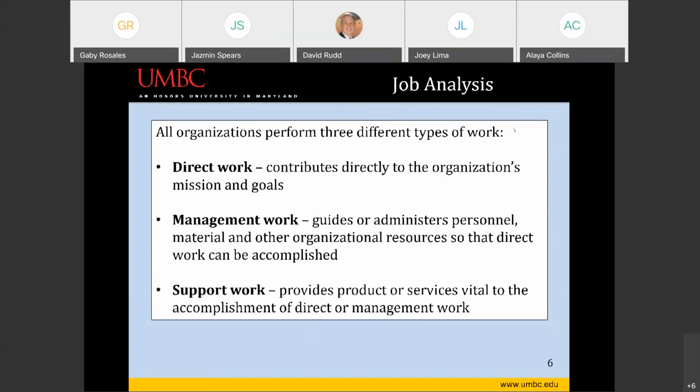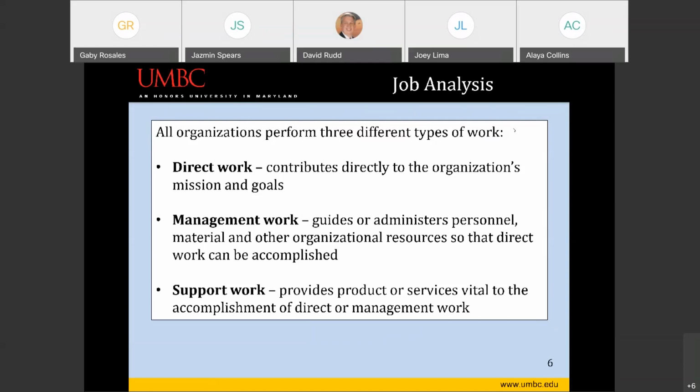Yeah, to some degree it would be, but I see management work as setting the goals, setting the vision, the mission for the organization, setting up the strategic plans for the organization. So that's the type of work that they would do in the management work. And then the supervisors or managers under them would be responsible for implementing that.